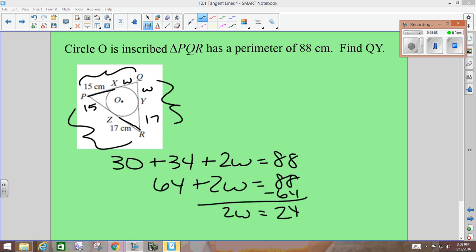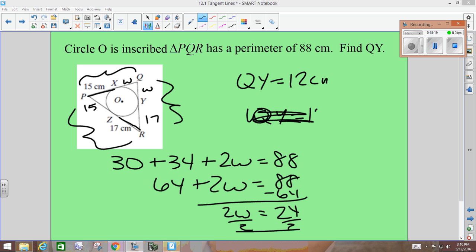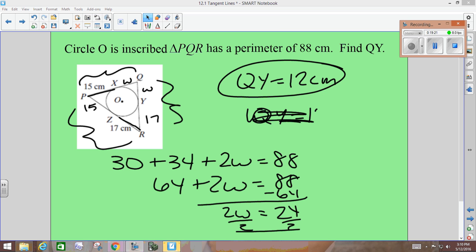Good job. How do I get rid of the 2? 24 divided by 2? Good. I was hoping you didn't use your calculator on that one. QY equals 12. You maybe don't have to write out a whole algebraic equation. You did it differently, but hopefully you get to 12.